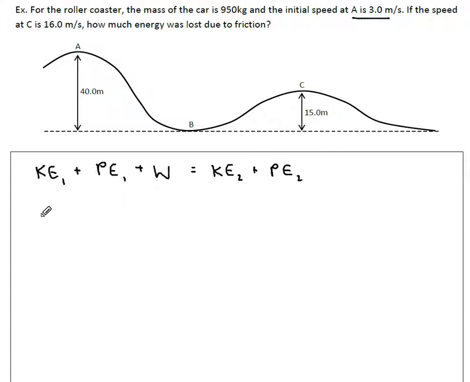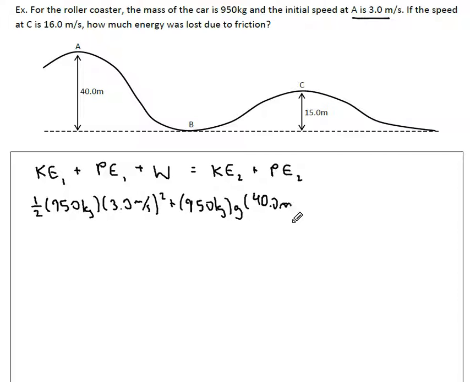Now if we go ahead and plug in the numbers, we have 1/2 times 950 kilograms, traveling at 3.0 meters per second, and we're going to square that. Plus our potential energy, which is 950 kilograms times gravity, times that 40.0 meter height, plus W. Now that's going to equal the right side.